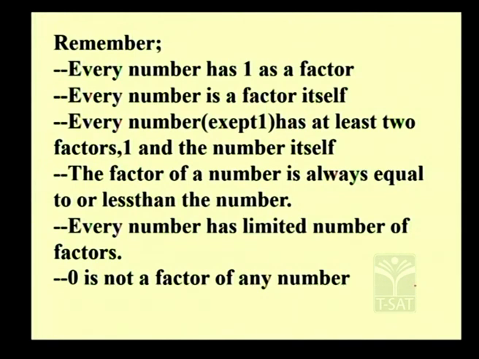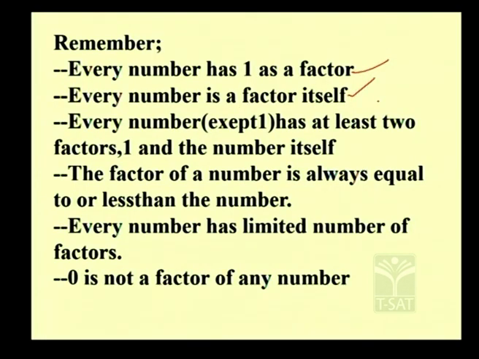Remember some important concepts. Every number has 1 as a factor. Why? Because 1 divides every number exactly. If you divide 24 by 1, 1 into 24 is 24, we will get remainder 0. If you divide 50 by 1, it is 50, the remainder is 0, like that. So, every number has 1 as a factor. Every number is a factor of itself.